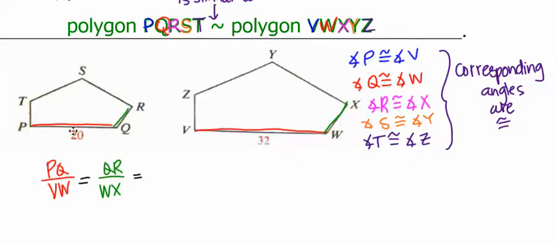So the ratio of PQ to VW is going to equal the ratio of QR to WX, which will equal RS to XY.